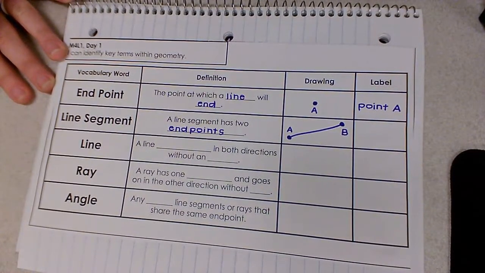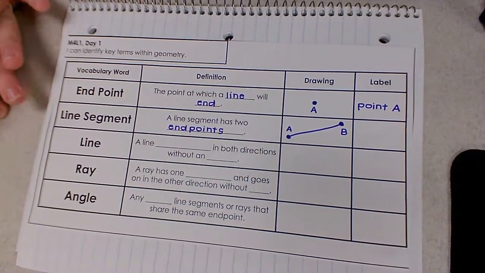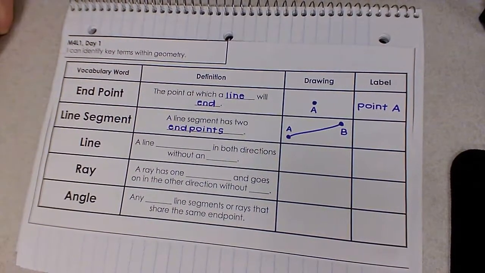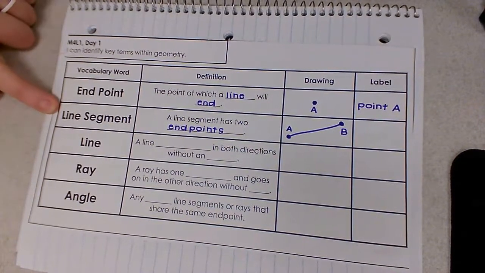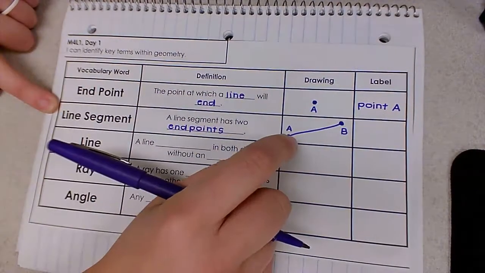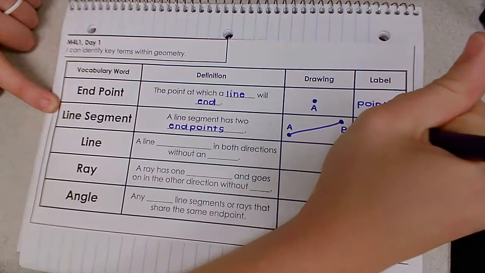When we label lines, line segments, and rays, which are different types of lines we'll be drawing today, we're really specific about the labels. So let me show you how to label a line segment. We begin by writing the two letters of the endpoints that mark the beginning and end of the line. So this is line segment AB.